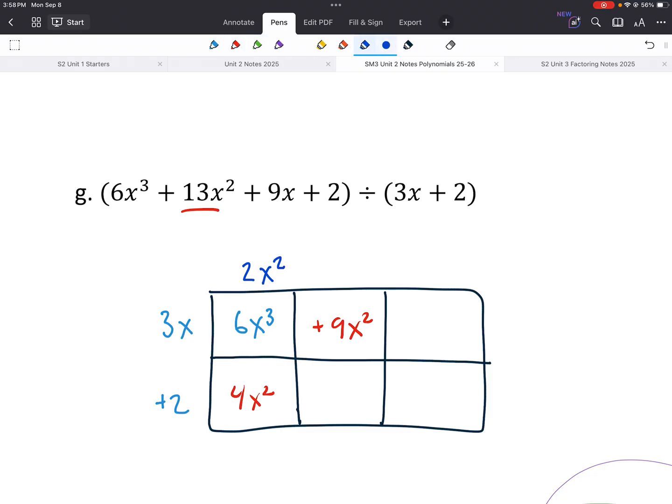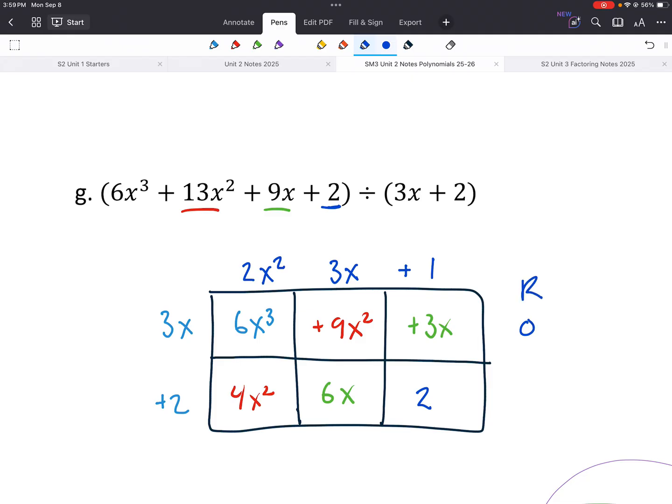And then going straight above, this has to be a 3x. Go straight down, 6x, but we need it to be 9, so we'll add 3x. Go above, this has to be 1, so plus 1. Go down, we'd get 2, and we do want 2, okay?